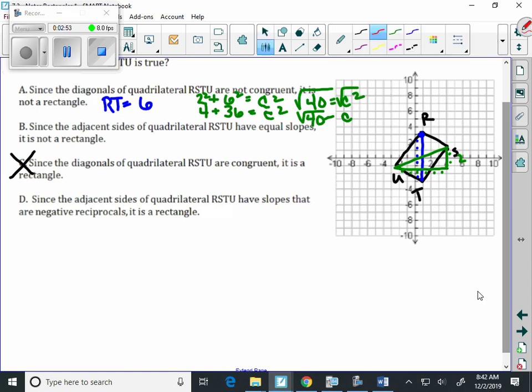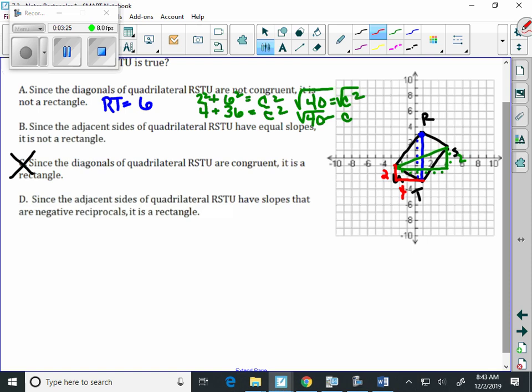And when we look at the slope here, we've got 2, and then 1, 2, 3, 4, and then the adjacent sides of quadrilateral RST have equal slopes, but we don't want equal slopes actually. We don't even need that.